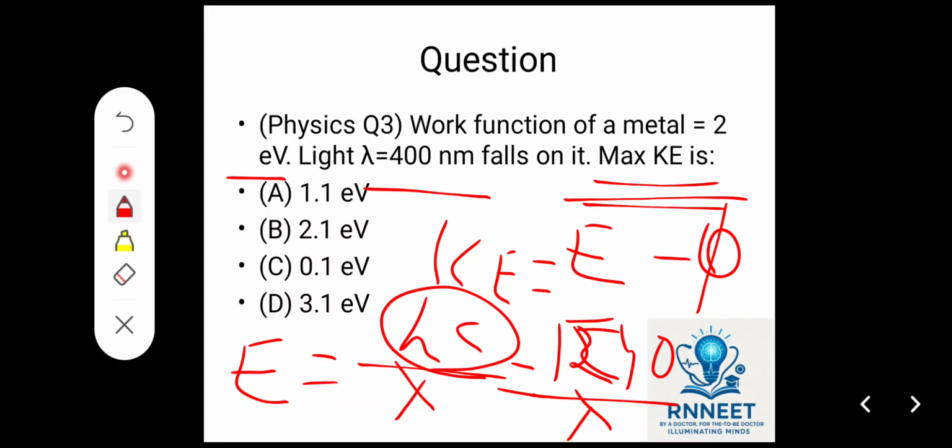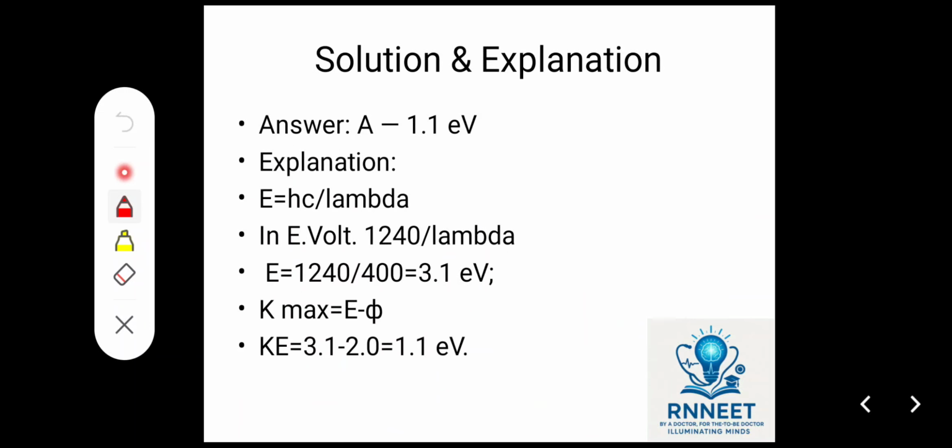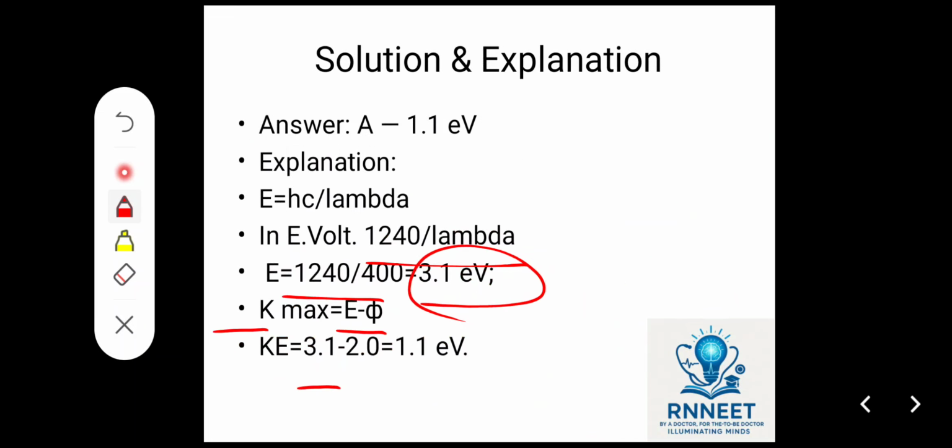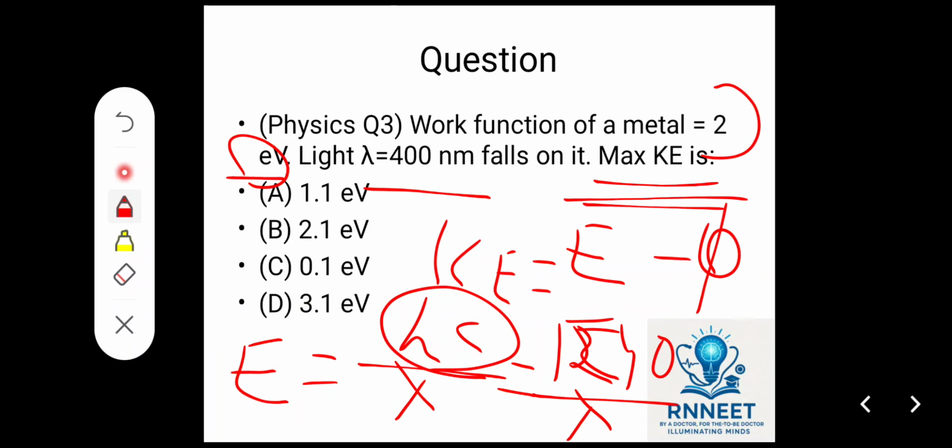You're going to get the answer straight away. So 1240 by lambda is going to give you 3.1 electron volt, and you know that the K max is equal to E minus phi. So that is 3.1 minus 2, because they have given you the work function is 2 electron volt, everything in electron volt again. So therefore it is 1.1 electron volt, which should be your answer, right? A.